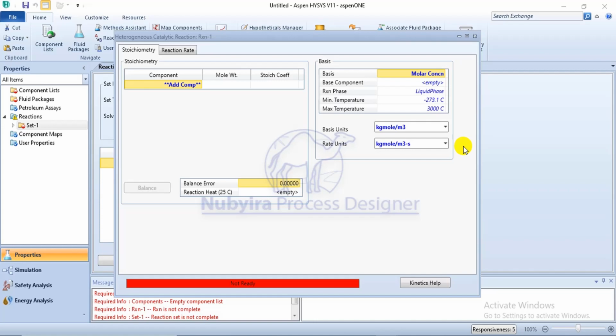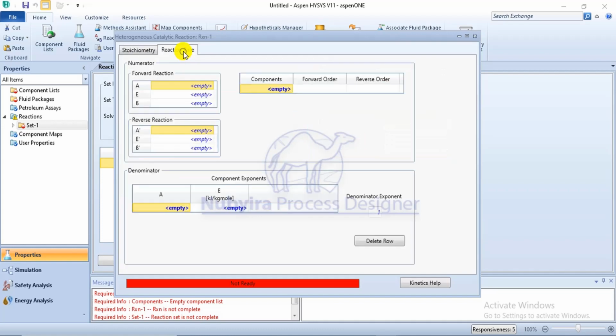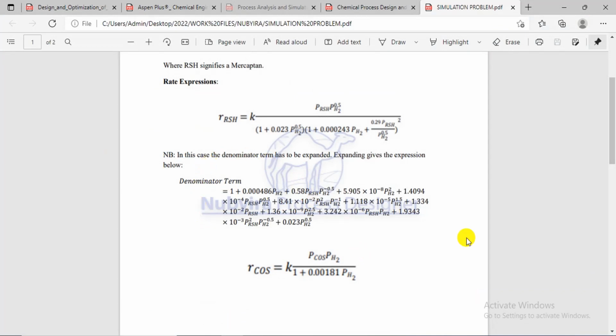So you must use rate equations that are based on reactor volume if you are to use Aspen Hysys. Now let's go back to the reaction rate. Now you have the numerator section, which consists of the forward and the backward. Then you have the denominator section. Now going back to our problem, our formula is RSH is equal to K into this over all of this.